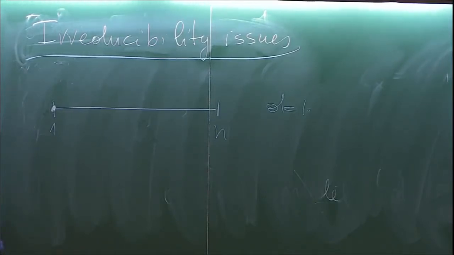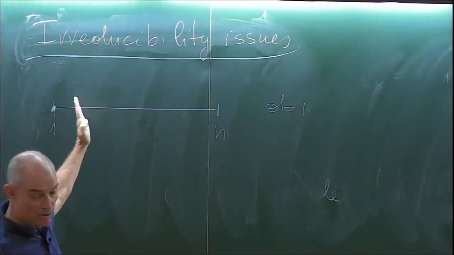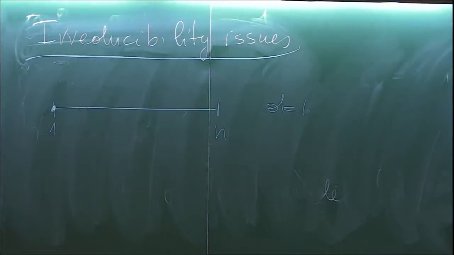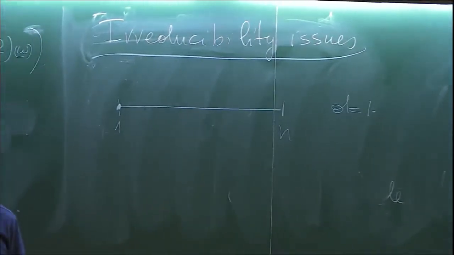So, for example, if you consider the East model, so the East model means that you always need your neighbor to the left to be 0 in order to be updated.